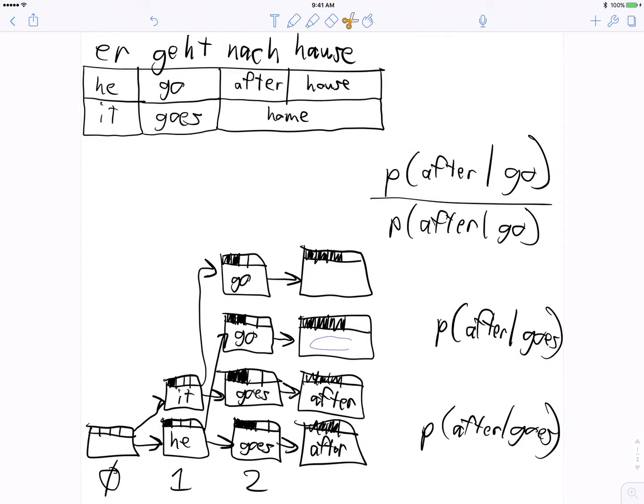So regardless of what we put here, this part, the language model history, is going to be the same. Likewise, down here, the language model history is going to be the same. Goes, goes.